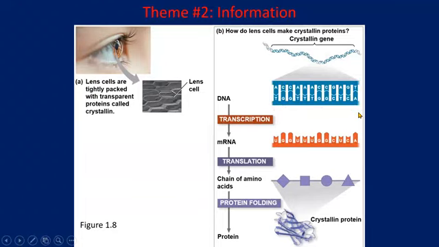So either of these strands has the information, and that information is being transcribed into mRNA. And whatever the information is on the mRNA, that would get translated into amino acids. Amino acids are the building blocks of protein.